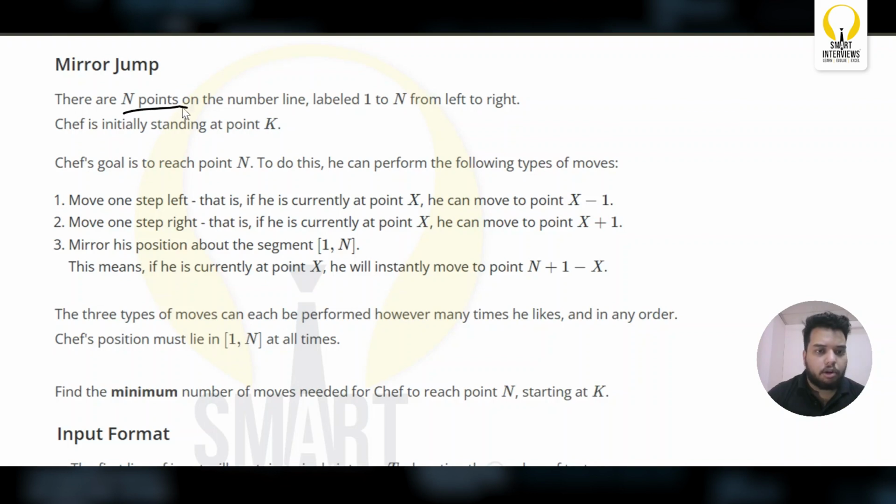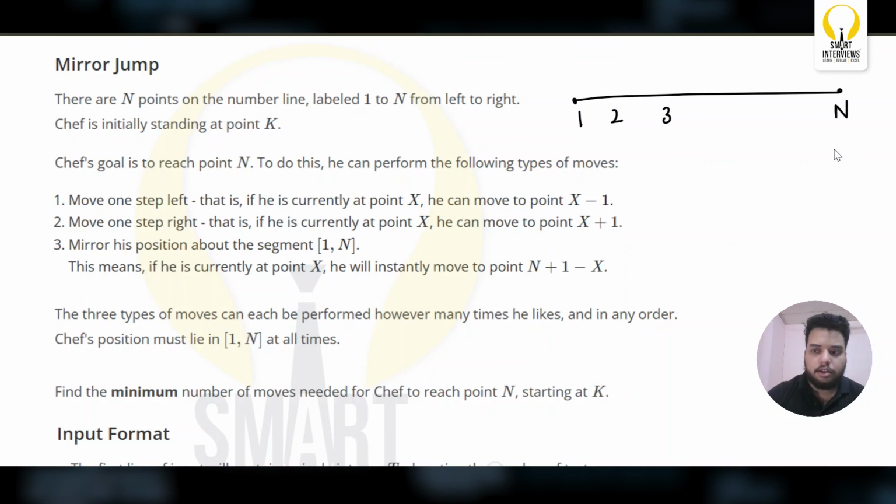There are n points on the number line labeled 1 to n from left to right. Chef is initially standing at k. Chef's goal is to reach point n. Okay, so we have a number line from 1 till some point n.